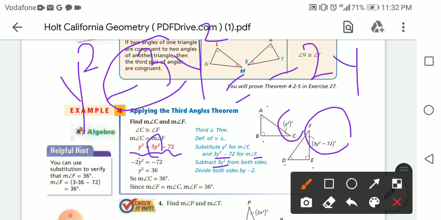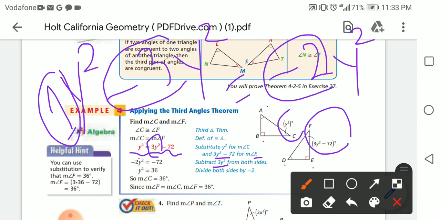Negative 2y to the second power, because here we have a hidden 1y to the second power, and 1 minus 3 gives you negative 2. Excellent, I know that you are smart. So I have negative 2y to the second power equals negative 72.